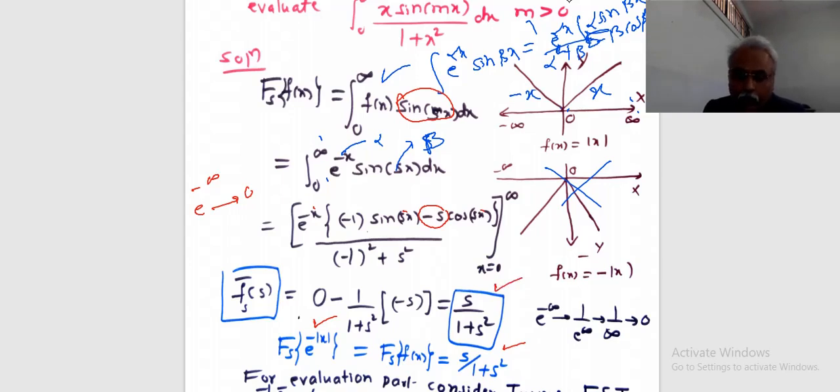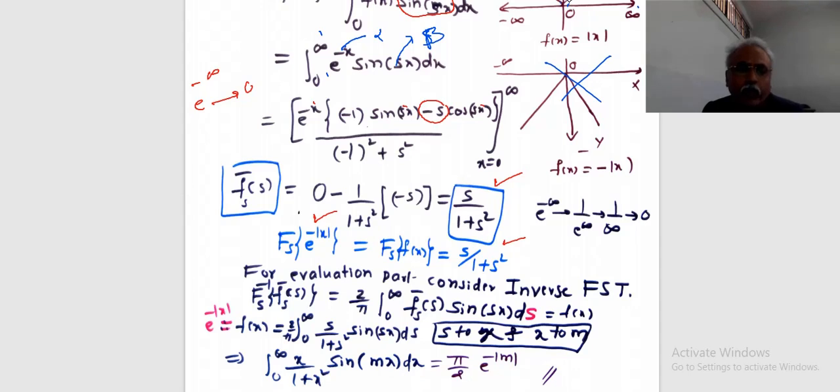Now come to the evaluation part. You are used to the evaluation part. For evaluation, if sine transform is there, inverse sine transform you should take. Inverse Fourier sine transform definition: 2 by pi, 0 to infinity, f bar s of s, where suffix s denotes sine sx, ds.